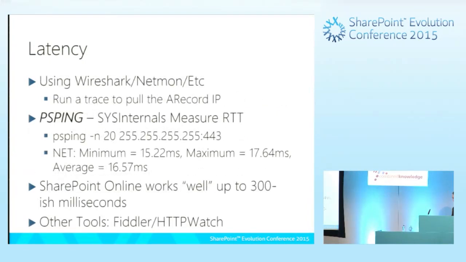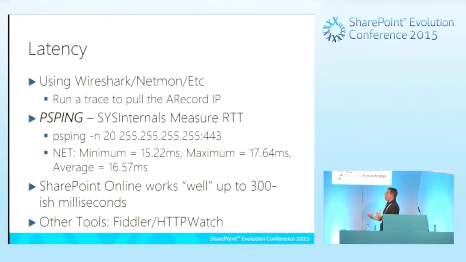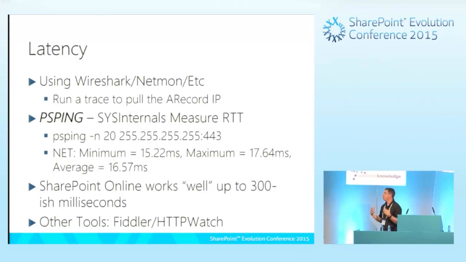So here's how I normally find out the health in which an organization is hitting SharePoint Online. There's a couple different tools and methods that I use. My preference is Wireshark, but you can use Netmon, any one of these.